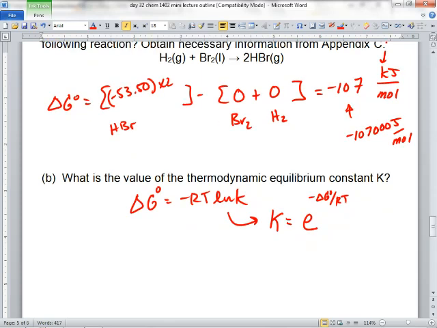Okay, now we can plug stuff in. So big K equals e to the negative delta G0, negative 107,000. Is it negative? Oh, yeah, I forgot my negative. Thank you, sir. Okay. Divide it by RT. The R I'm supposed to use is 8.314.